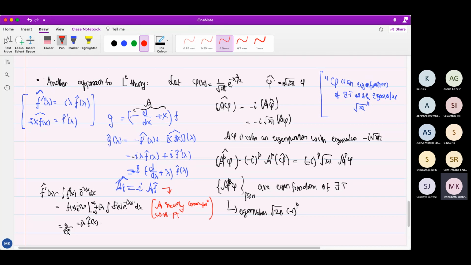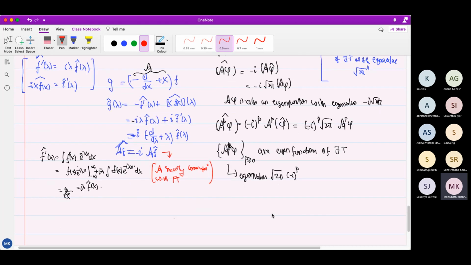Here, I'm not even going to use that. So we'll just take it like this. If you apply the Fourier transform to phi, you get square root 2 pi times phi, so we'll call this an eigenfunction with eigenvalue square root 2 pi. Then A applied to phi also gives an eigenfunction, but with eigenvalue minus I square root 2 pi. If you apply it one more time, you will get minus I square and so on. So A to the p times phi is an eigenfunction of the Fourier transform with eigenvalue minus I raised to the power p times square root 2 pi.